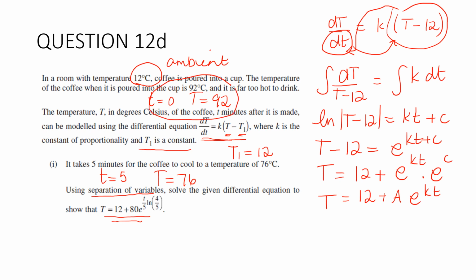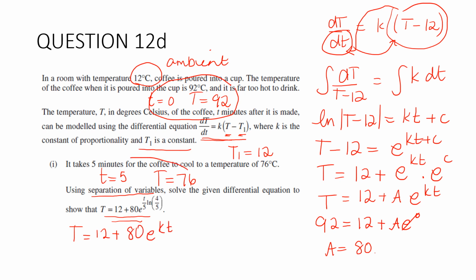When t is equal to 0, capital T is 92. 92 is equal to 12 plus A e to the naught. A e to the naught is 1. And so A is equal to 92 take away 12, which is 80. Coming over here, we have got now T is equal to 12 plus 80 e to the kt.